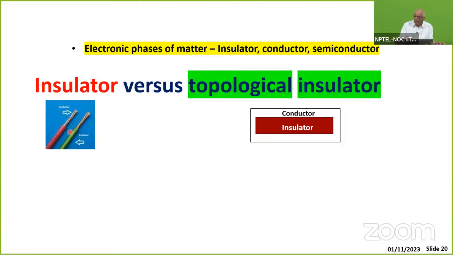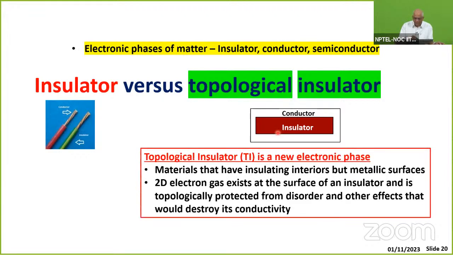But in a topological insulator, it is reversed. The bulk is insulator and the surface is conducting. And the metallic, conducting surface states are purely a consequence of the topology. So we will see some examples of that as we go along.